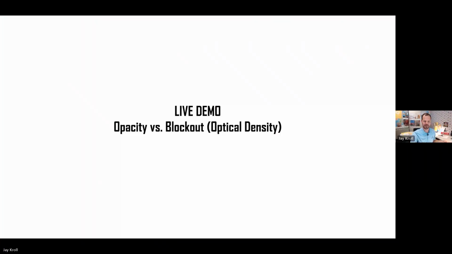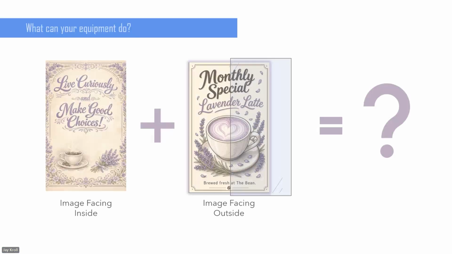Hopefully that makes sense. So for a single-sided second surface graphic, it's not a huge issue, but it's not a non-issue. It's just something you need to be aware of. And again, it's an easy test with your phone flashlight to see how that image is going to look when the sun is shining behind it.